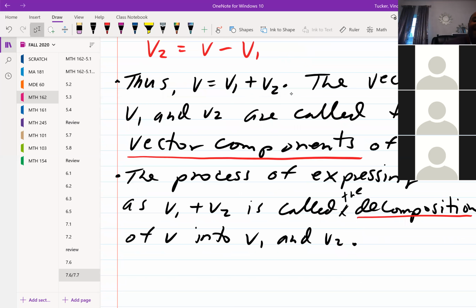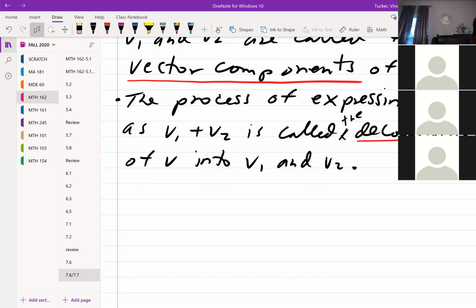All right, so let's look at this example that applies here.